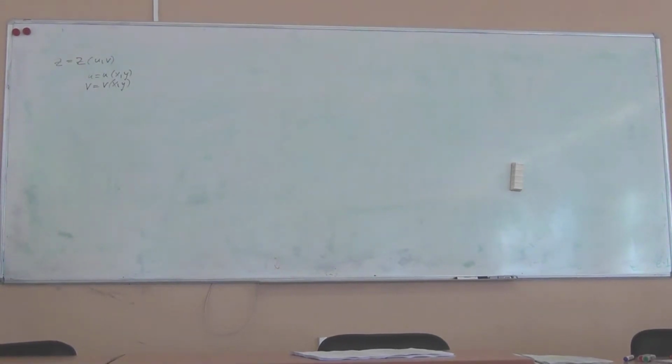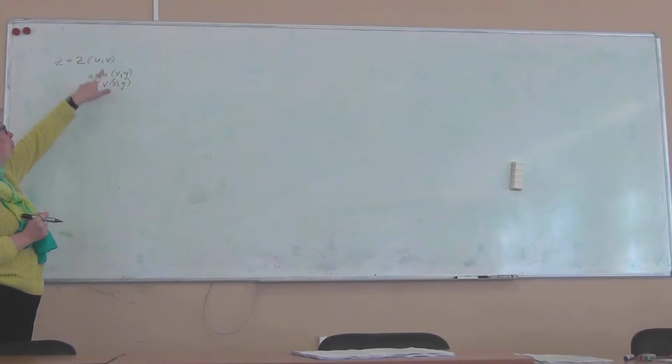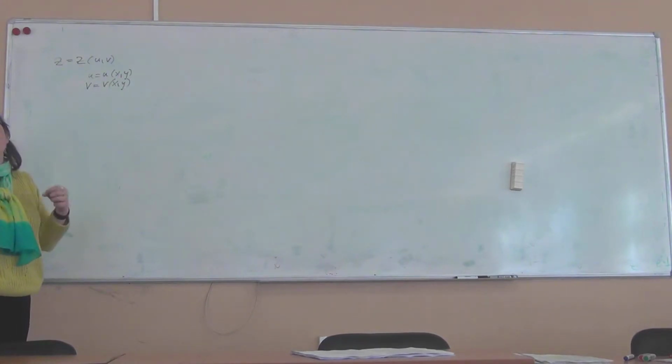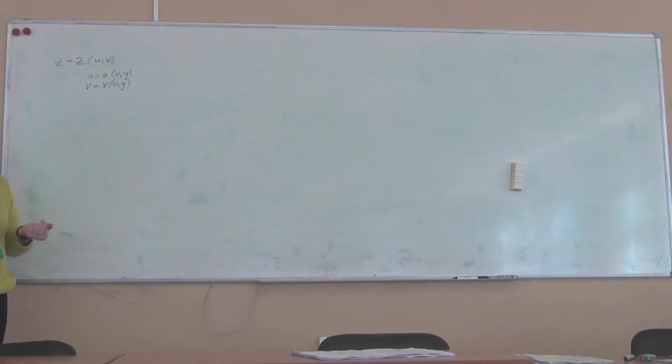Many people, when they see something like this, feel tempted to express u in terms of x and y, express v in terms of x and y, and then put it in there, making the expression of the given function extremely complicated and unpleasant to integrate or differentiate.